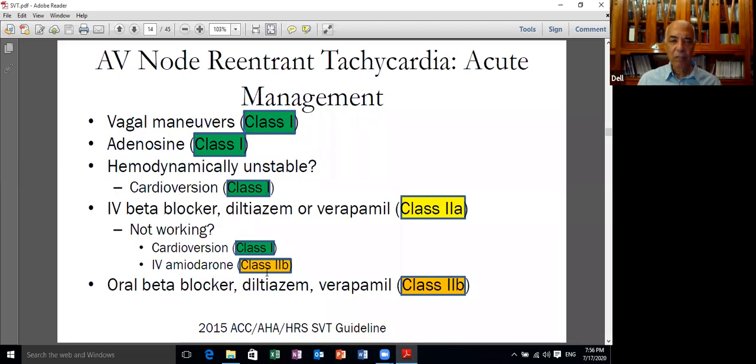If adenosine didn't work or is contraindicated because the patient is asthmatic or has some form of conduction defect, or has been receiving persantine, caffeine or theophylline within the past half an hour, then intravenous beta blocker, diltiazem or verapamil. In contrast to the rapid bolus injection of adenosine, these drugs, which are beta blockers and calcium antagonists, should be given slowly to avoid hypotension.